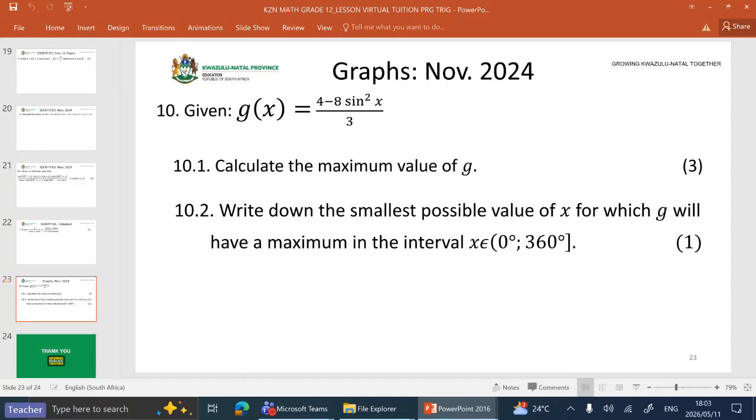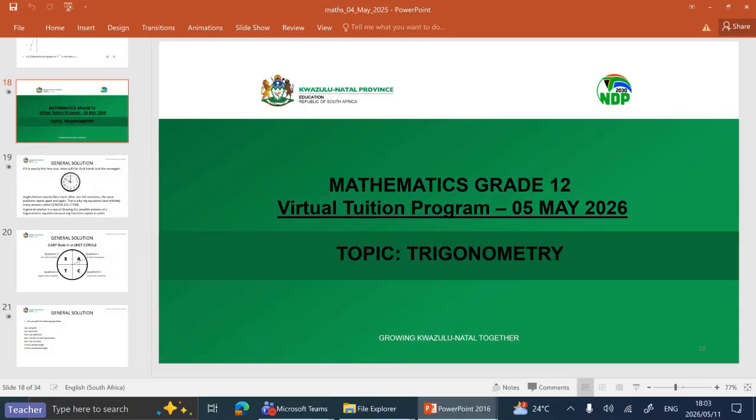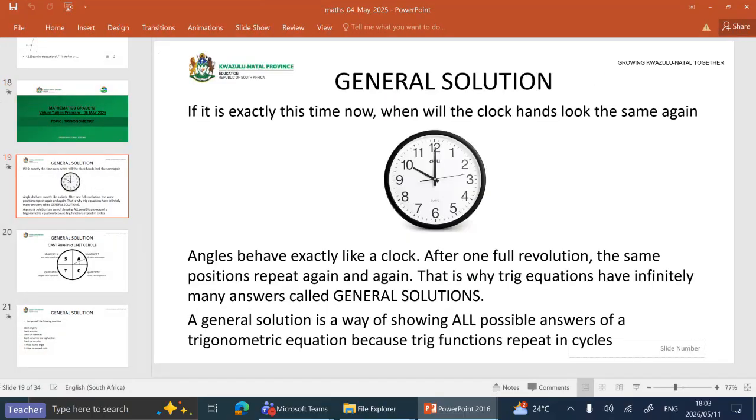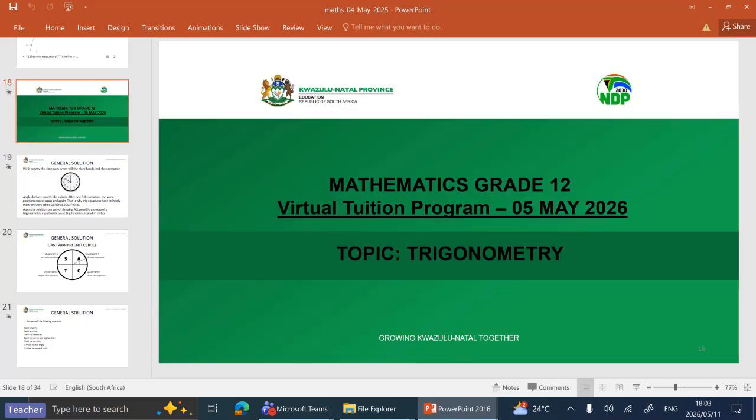We are going to be looking at the trigonometric equations together, determining the general solution.